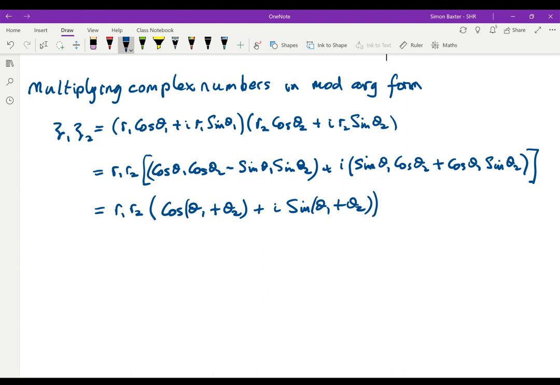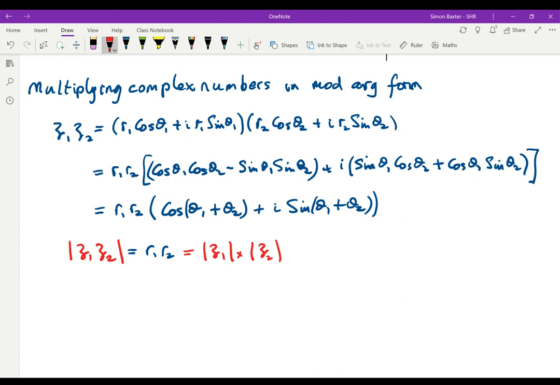And this is a complex number, and here we've got that mod z1 z2 is equal to r1 r2, which is mod z1 times mod z2.